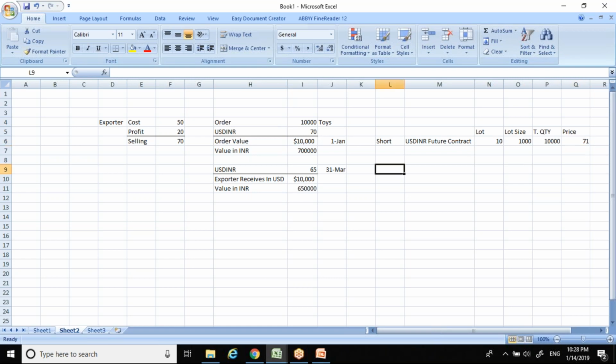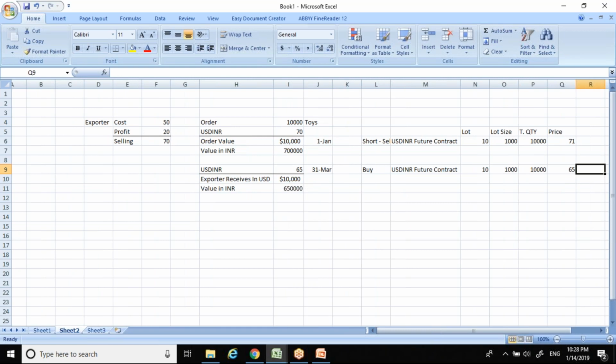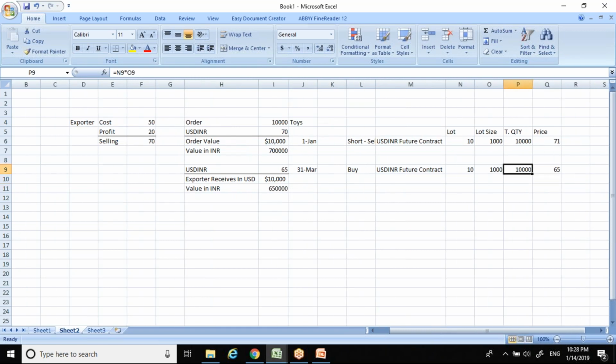Now on the date of expiry, 31st March, you want to cover your position. You short sold here, and now you buy and close, or offset, your position. When you buy, obviously the price is around 65. Remember, the spot and the future contract price are the same on the date of expiry, because no opportunity cost is involved and delivery is done on the expiry date itself.